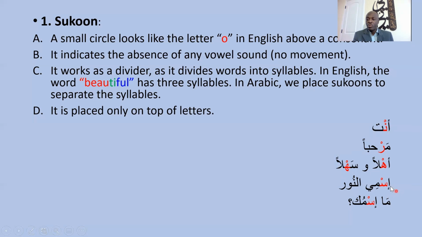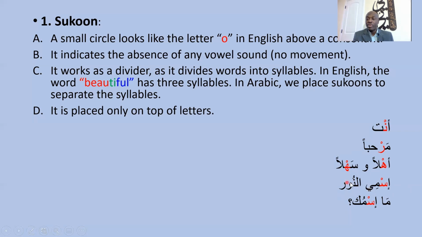Okay, moving to ismi and Noor. My name is Elnoor. Isim is name, and mi is the possessive, my. As you can see, there are two syllables here: is-mi.